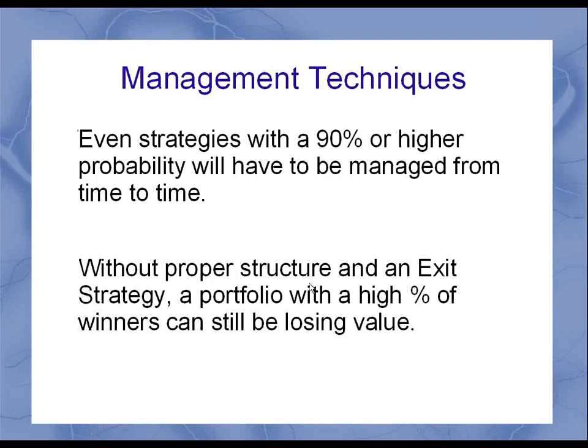And finally, management techniques. As options investors, we know that even if I select a deep out-of-the-money credit spread that comes with a 90% probability of success, or maybe you're doing ratio spreads that have a high probability, or iron condors, for example, over time you are going to have to manage one of those positions.